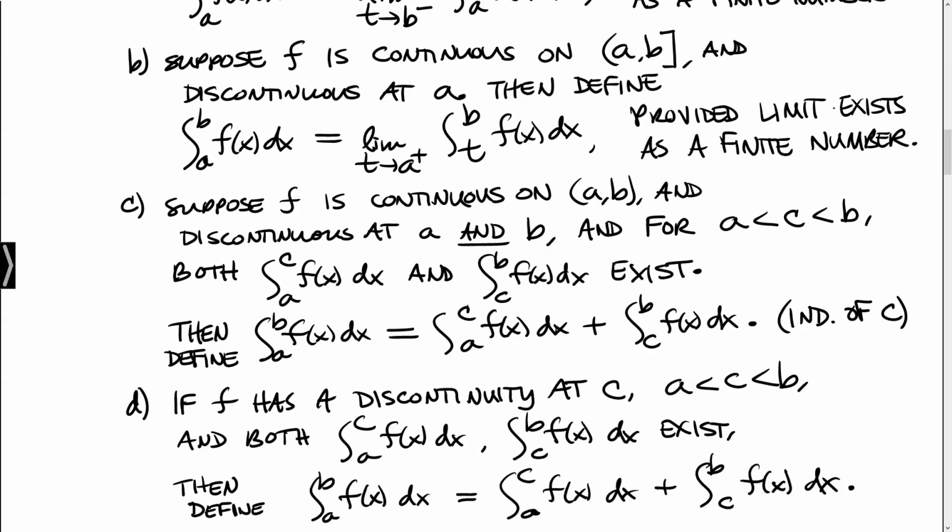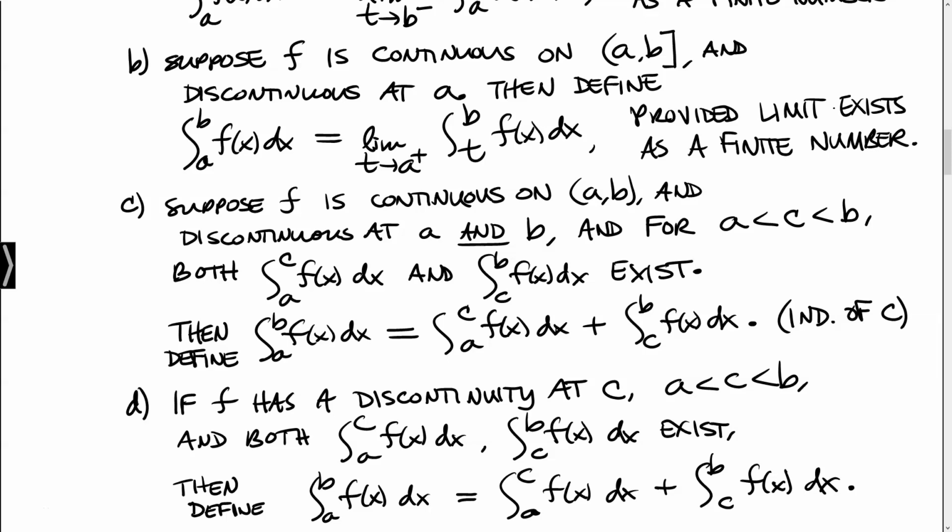Again, note that the integral from A to C and the integral from C to B in part D is different than the ordinary integral from Calc 1, and it's different from the integrals in part C, because the problem is on the other side. It's on the other endpoint.